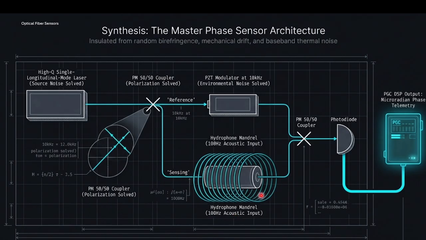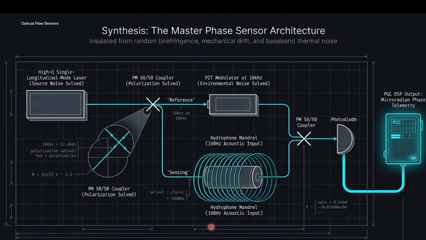Then there is again a 50-50 coupler going to the photodiode, and the photodiode takes the signal to the PGC DSP output, which will also resolve your final signal quality. This can be used for long range sensing applications, where 10 plus kilometer field deployment can be used.